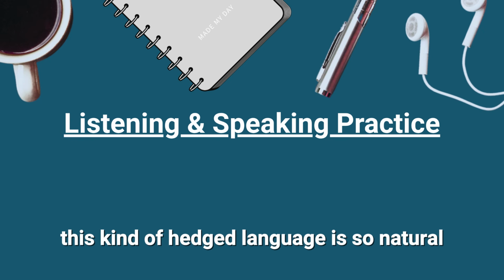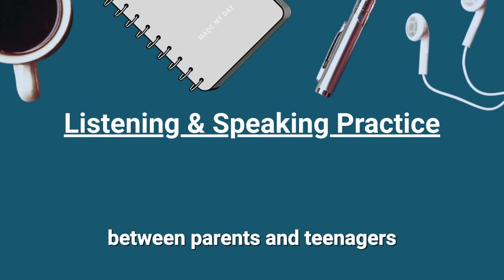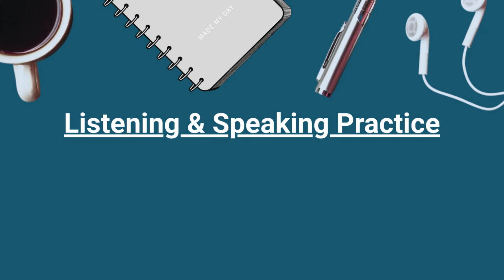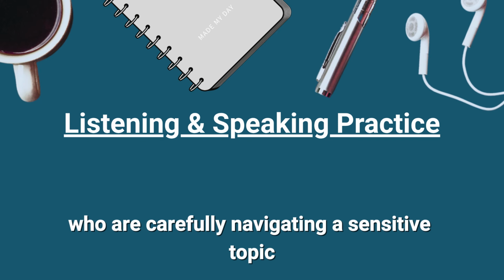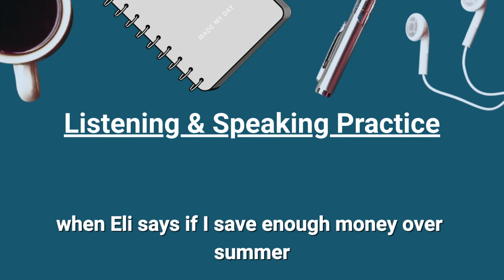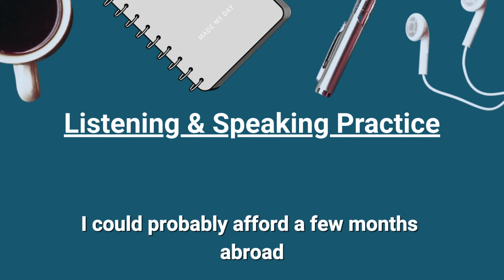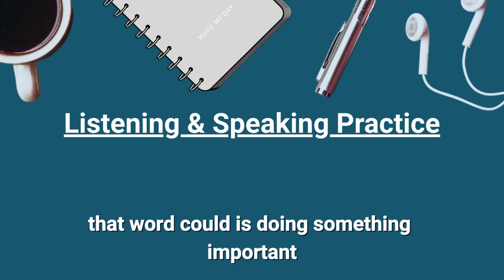This kind of hedged language is so natural between parents and teenagers, or between any two people who are carefully navigating a sensitive topic. When Eli says, "If I save enough money over summer, I could probably afford a few months abroad," that word "could" is doing something important.